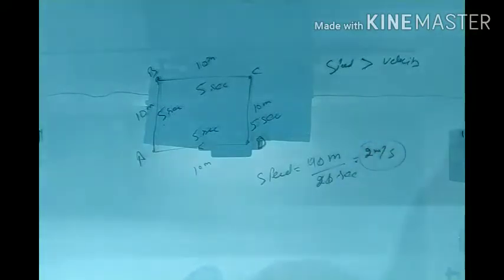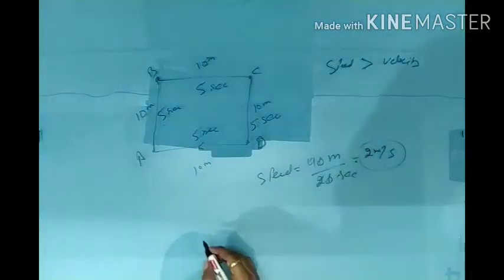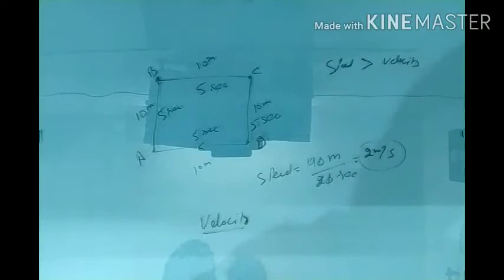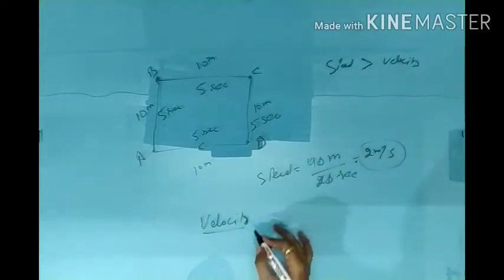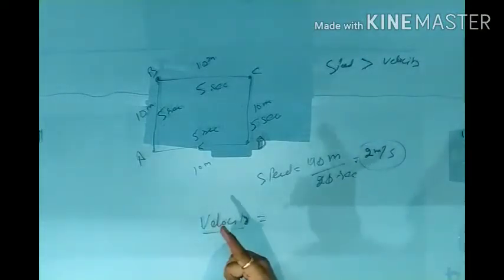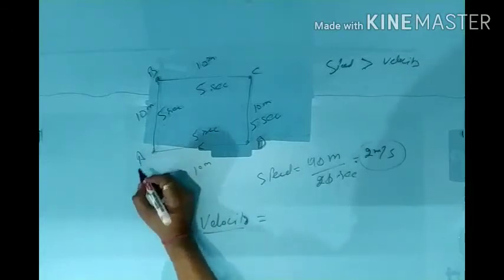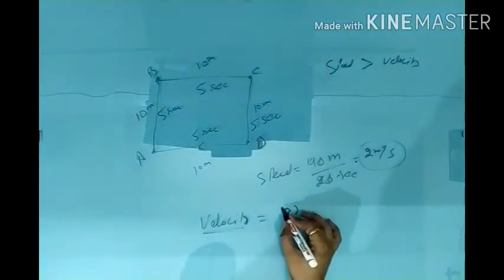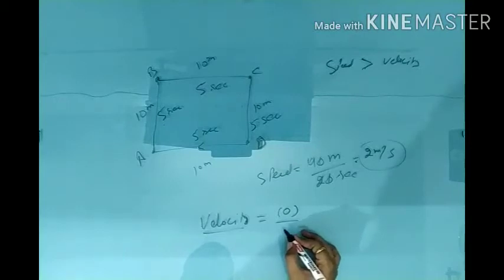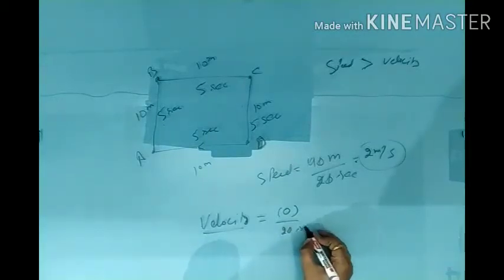Again same. Now in this case, if we have to find velocity, then velocity is equal to displacement divided by time. From initial and final, both are same. It means displacement is equal to 0. If displacement is 0, then time is 20 seconds.